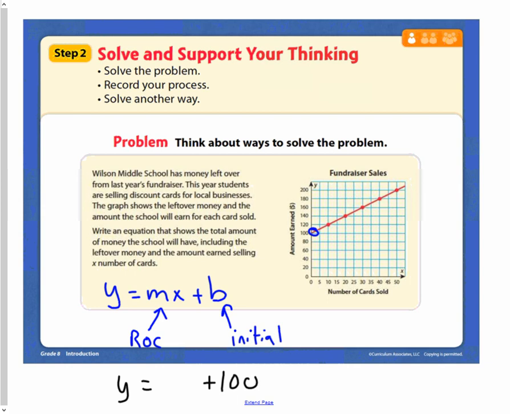So one of the ways we learn to find rate of change is change in y over change in x. Or we've also learned vertical change over horizontal change.